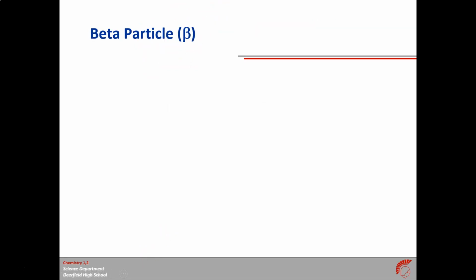So let's start with the too many neutrons and talk about the beta particle. So a beta particle, if you remember, is a high energy electron. It's an electron, same mass, same charge, but it's got an extra high amount of energy. So just like we did with the alpha particle, let's look at the isotopic notation.